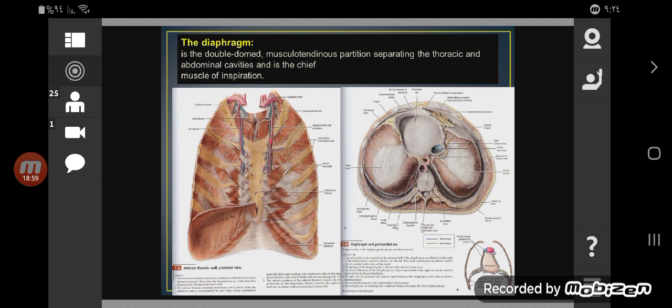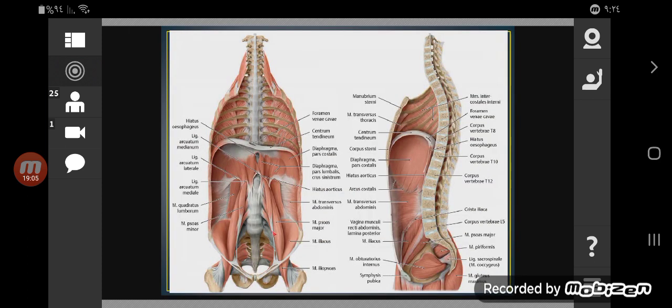You see, all right. This is the anterior wall of the thorax, and this is the lateral side, and in this picture we reach the posterior attachment of the diaphragm.